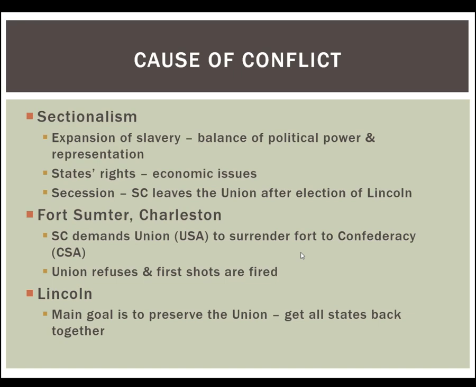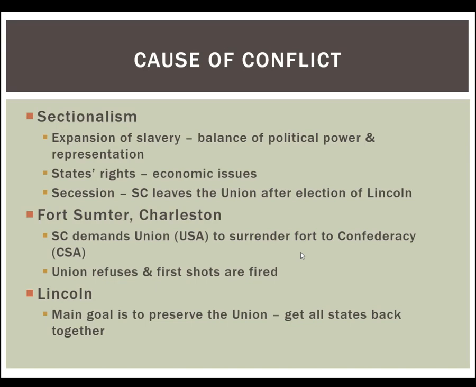All of this led up to the idea of secession. South Carolina ends up leaving the Union after the election of Abraham Lincoln in 1860. So all of these sectional conflicts come to a head with the election of 1860 that we talked about last week.